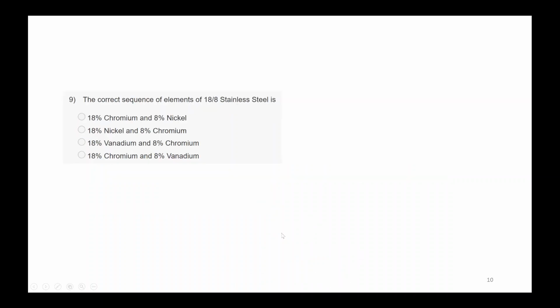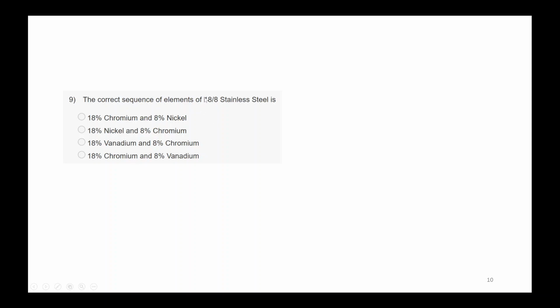Now question number 9. The correct sequence of elements of 18-8 stainless steel is: chromium nickel, or nickel chromium, or vanadium chromium, or chromium vanadium.